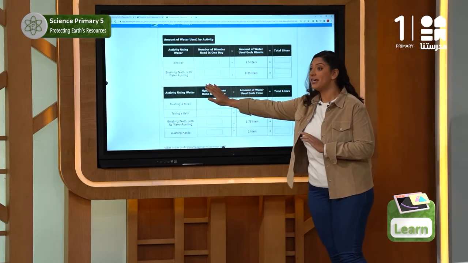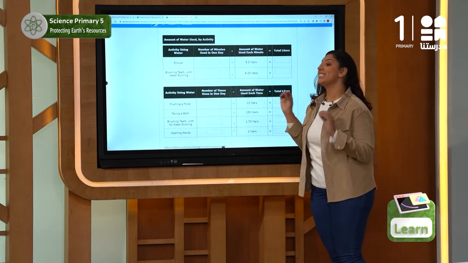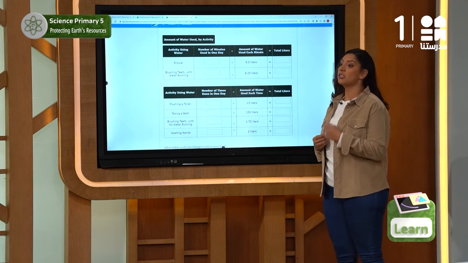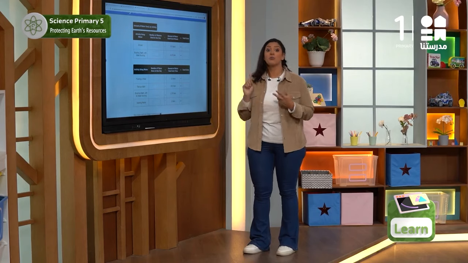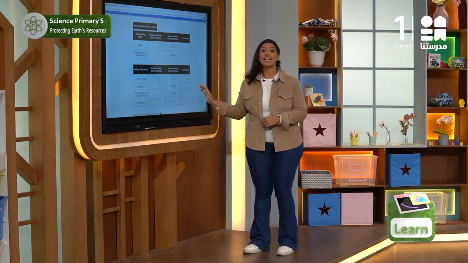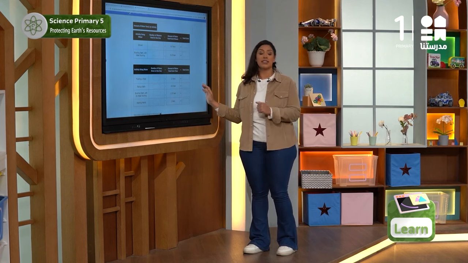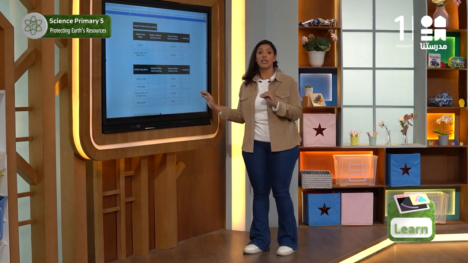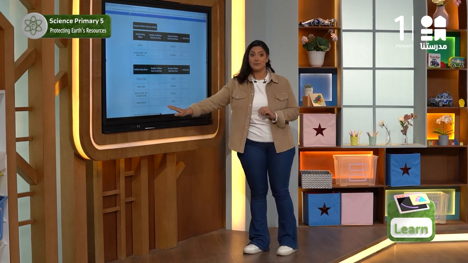In the first column here, we have activities in which we need water, such as showering, brushing teeth with running water, flushing toilet, taking a bath, and brushing teeth as well with no water running, and washing hands.